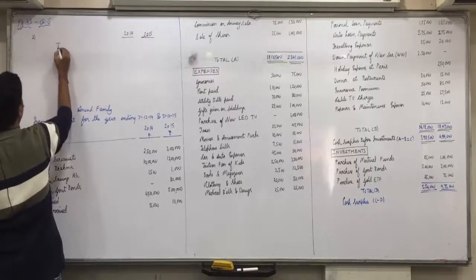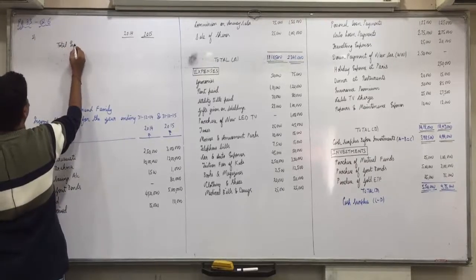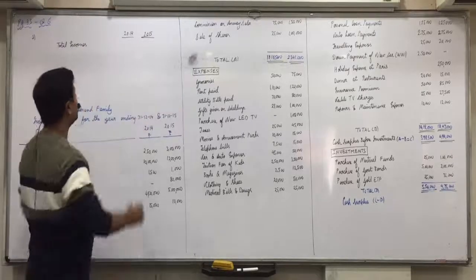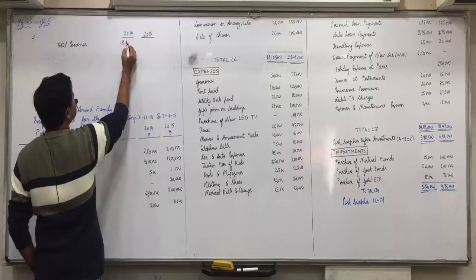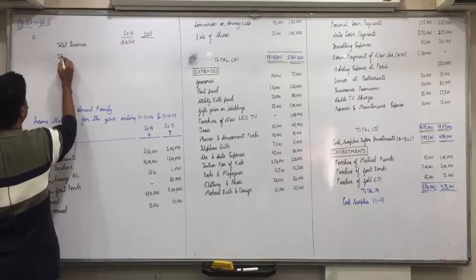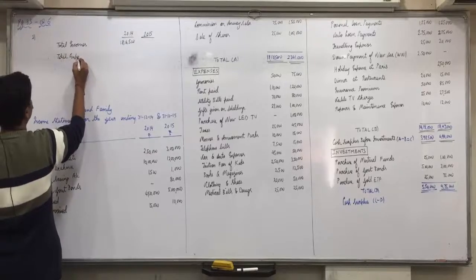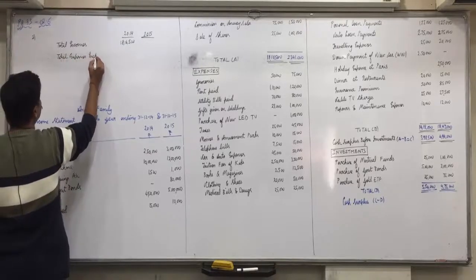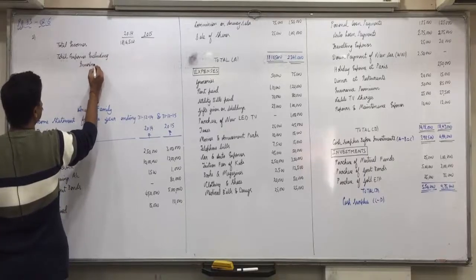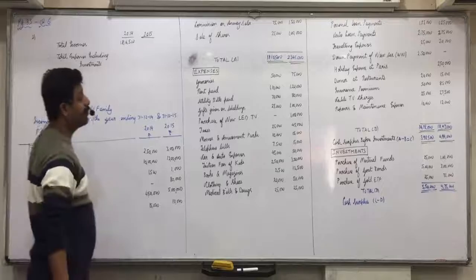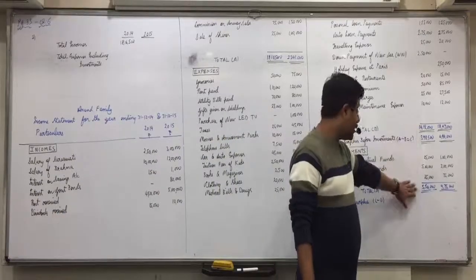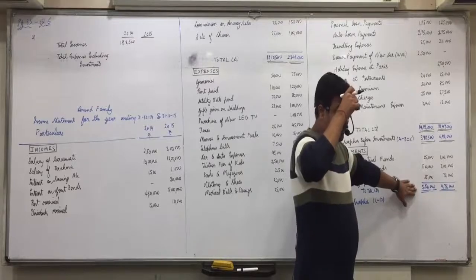So for 2014, working note: total incomes are 18,16,500, and total expenses including investments. Total expenses are 14,18,000 and investments are 5,50,000.